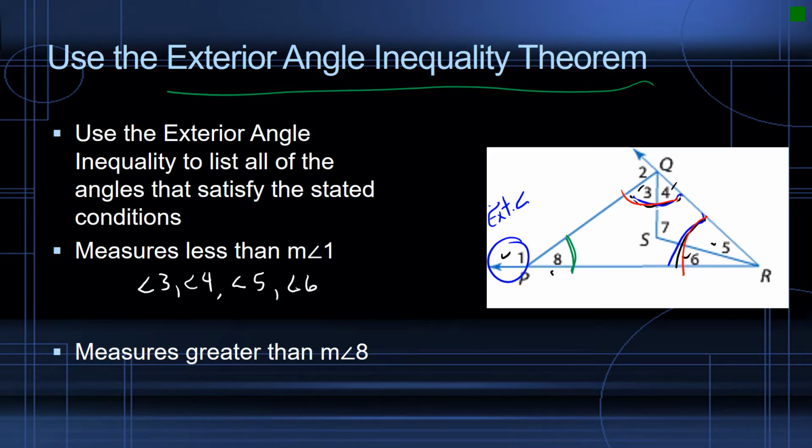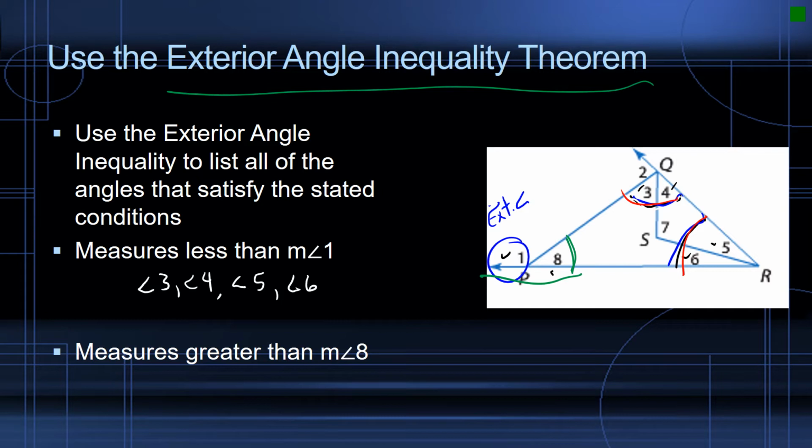But angle 1 and angle 8 are adjacent angles. So the exterior angle inequality theorem is dealing with exterior angles and the remote interior corresponding angles. And this relationship is they're adjacent, so it's not qualifying. It doesn't qualify as a correct answer for what we're being asked to consider. We're considering the exterior angle inequality theorem.